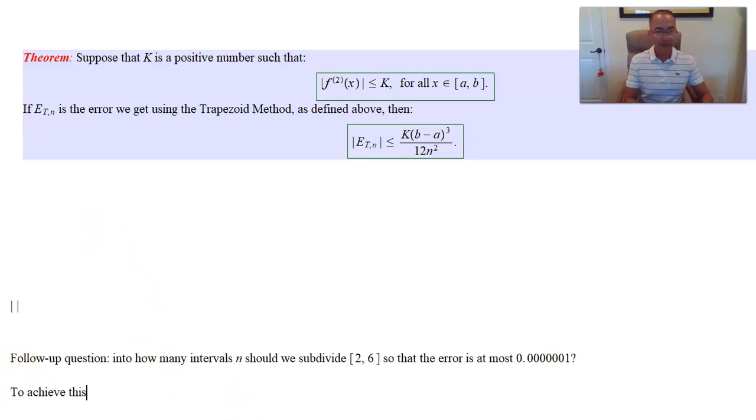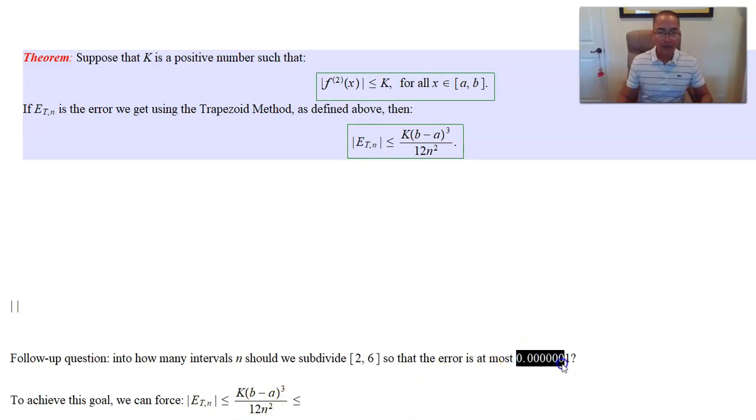To achieve this goal, we can force the error, which we know is at most that by the formula, to be at most this tolerance.